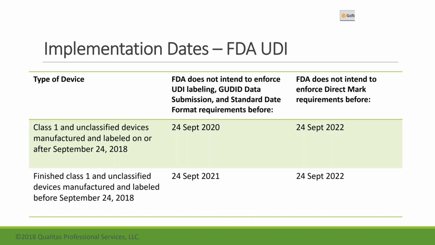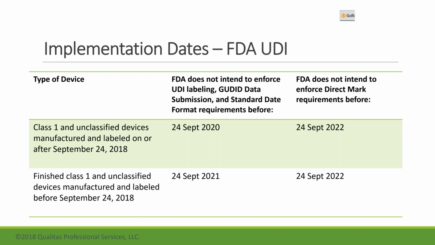This differs a little bit from the FDA implementation dates. There have been some extensions. I'm not going to go into what the past implementation dates were, because those have hopefully already been met by everybody. But for class 1 and unclassified devices manufactured and labeled on or after September 24th of this year, the FDA does not intend to enforce the labeling and data submission until September of 2020.